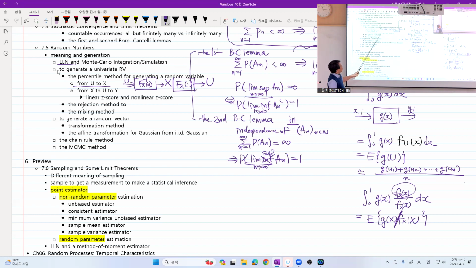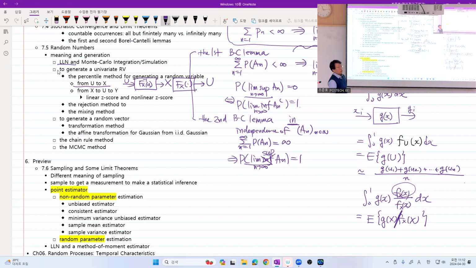First I can convert X to U, and then I can convert U to Y by using the inverse CDF, or the percentile function, of Y. That is the idea. And I mentioned how you can use this idea to have a nonlinear Z-score generation.